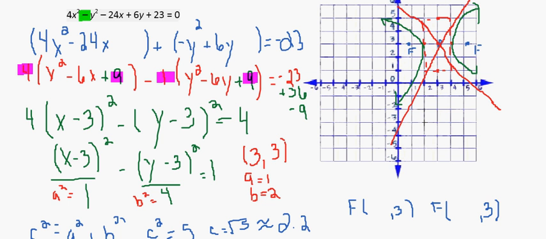And then to find the x coordinate, if you notice, we started here at 3 and we went to the right square root of 5 units. So if we started at 3 and went to the right square root of 5 units, we added 3 plus square root of 5.